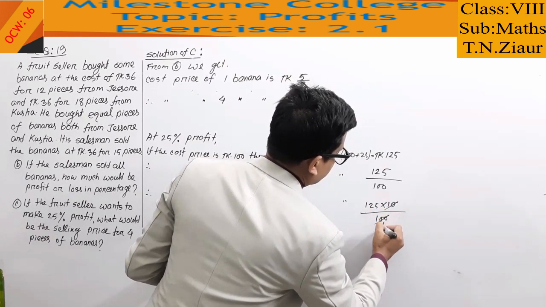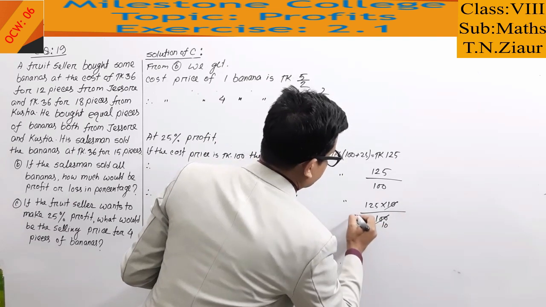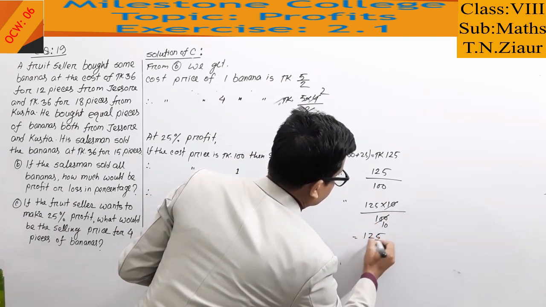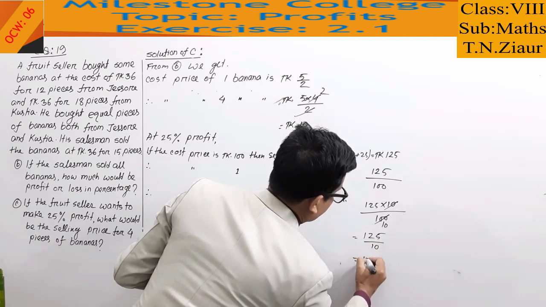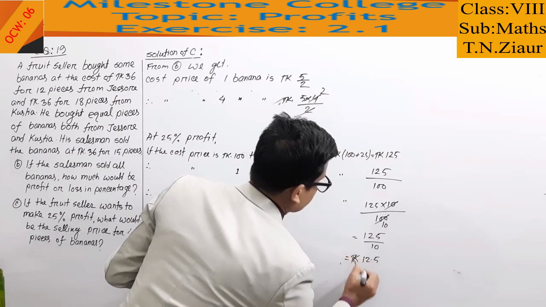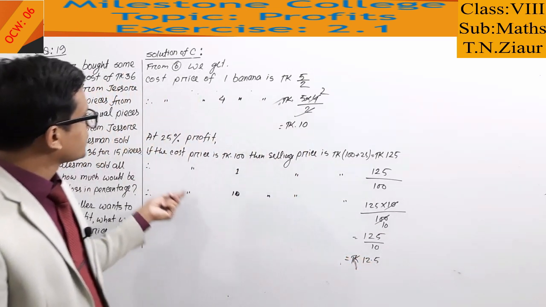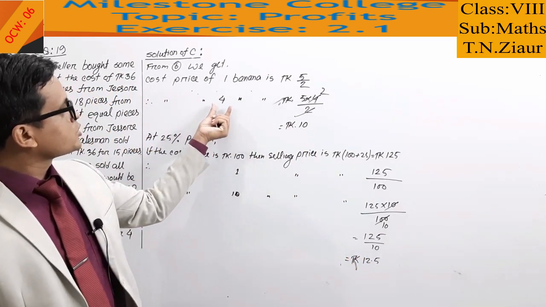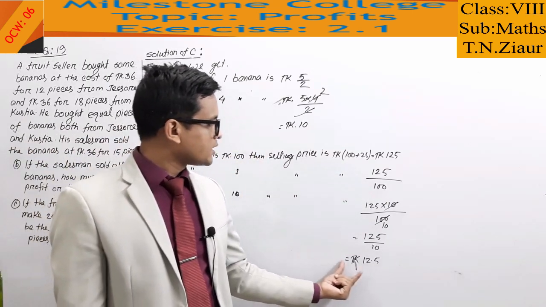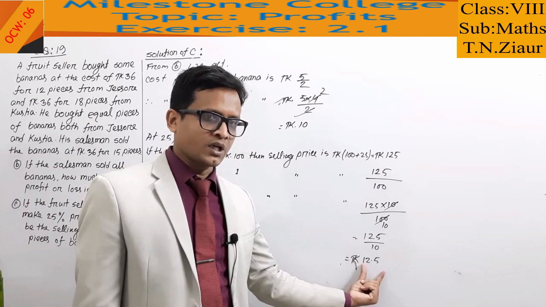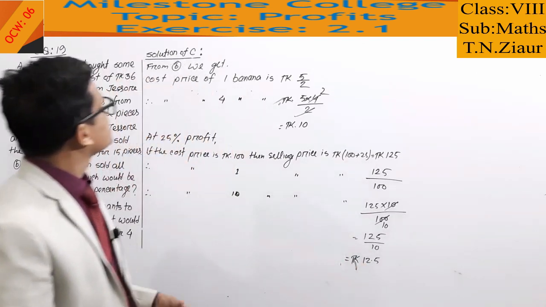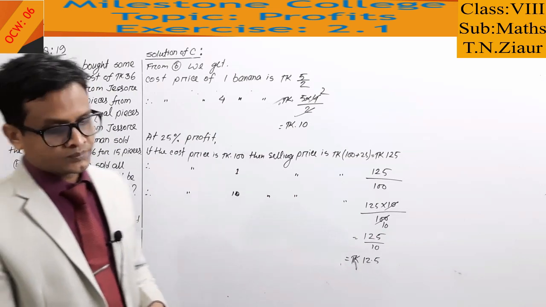So just divide, 125 divided by 10, it will be 12.5 taka. So the selling price of 4 pieces banana will be 12.5 taka, or 12 whole 1 by 2 taka. This is the answer of C number.